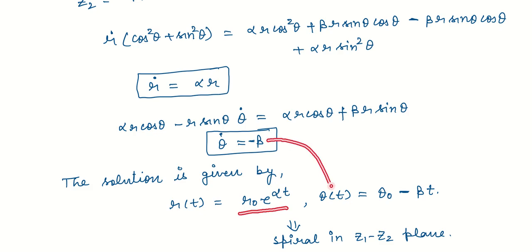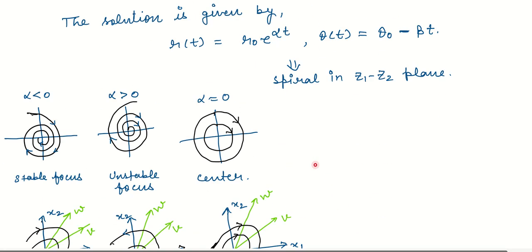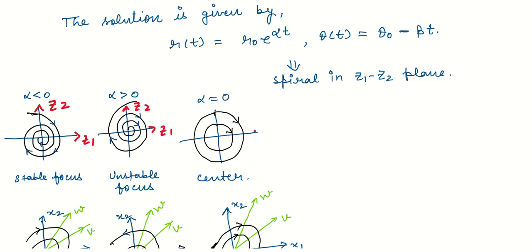Similarly, the solution of this equation is theta(t) is equal to theta naught minus beta t. So now these two equations combined represent a spiral in the Z1 Z2 plane. So this one is the Z1 axis and this one is the Z2 axis.